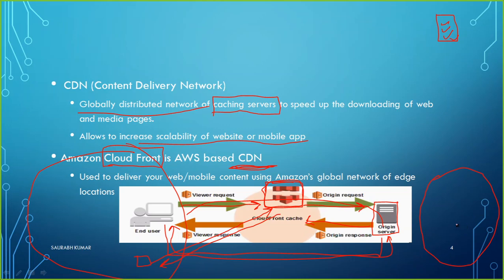So all the requests of the people in India, if they want to access those resources, have to go to the server where the S3 bucket is located in America, which takes a big latency.